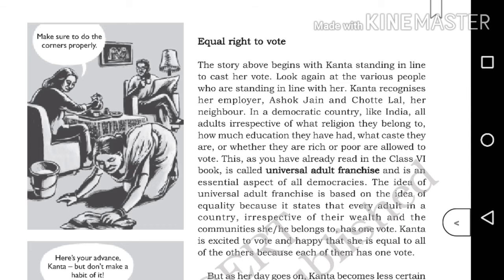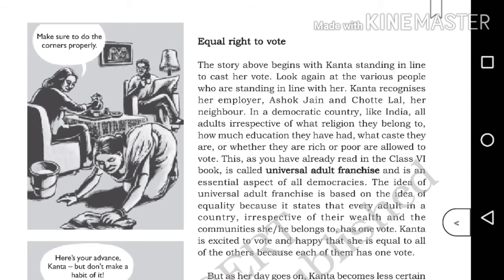So, as we have discussed in the story, it does not matter whether a person is rich or poor, all have to stand in the same line to cast their vote. So here comes a question, what do you mean by universal adult franchise? In a democratic country like India, all adults, without considering the religion they belong to, or how educated they are, or to which caste they belong, or whether they are rich or poor, are allowed to cast their vote.